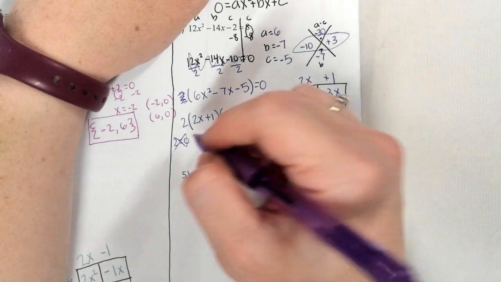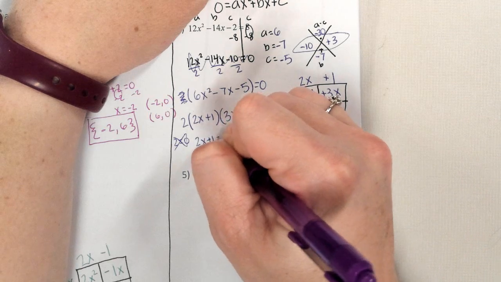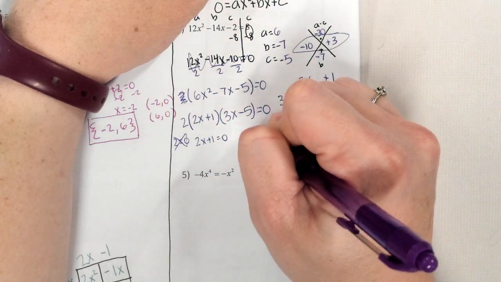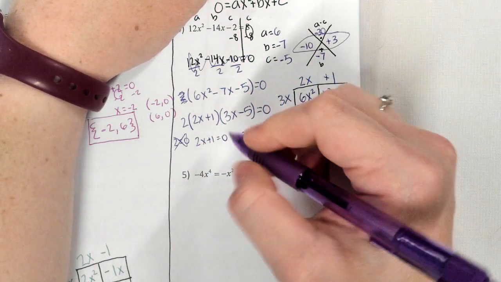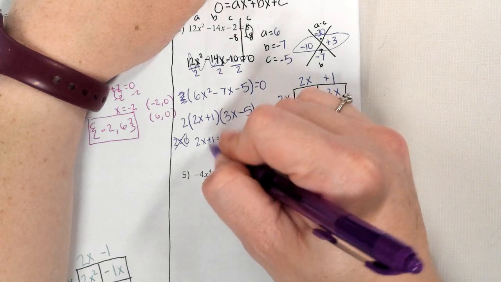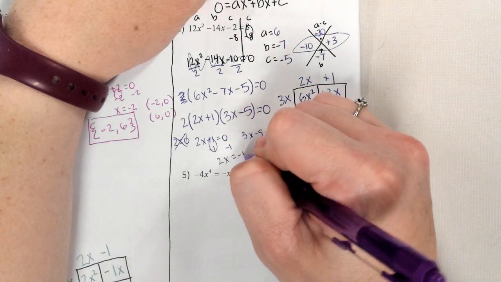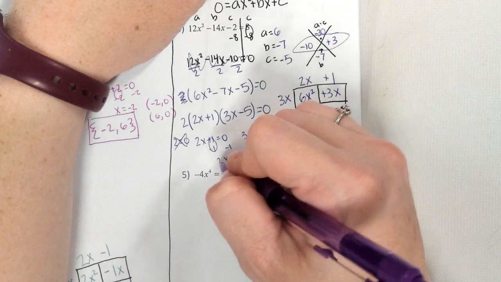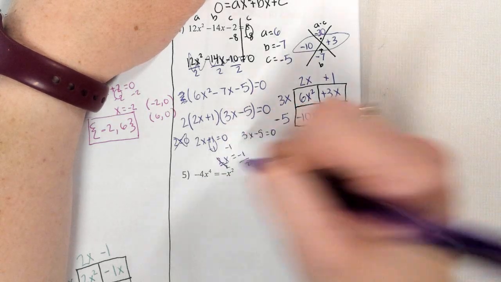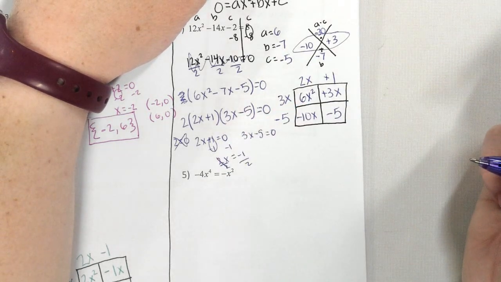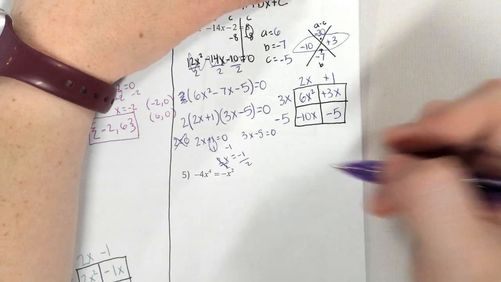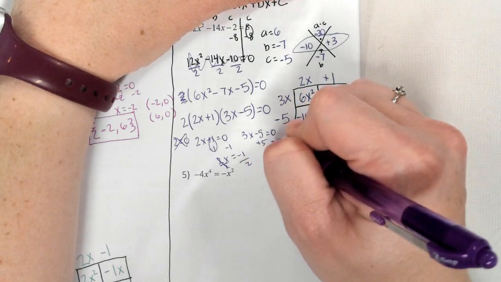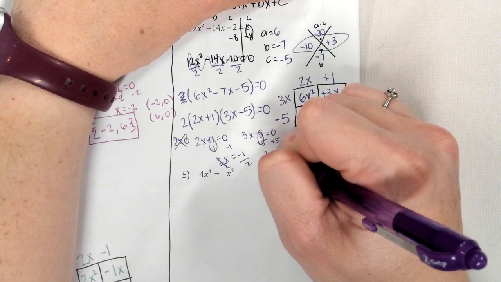But here we have the 2x plus 1 equals 0, and then the 3x minus 5 equals 0. So minus 1, 2x equals negative 1. Divide by 2, and I get negative a half. Here we do plus 5 plus 5. 3x equals 5.